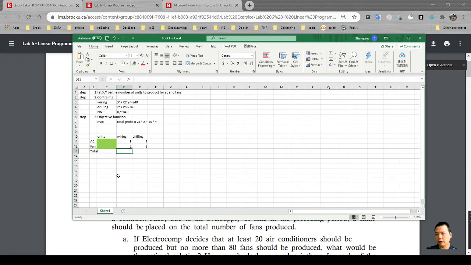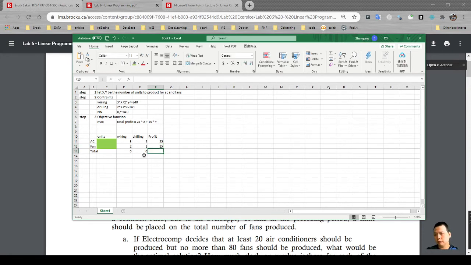We don't add different units together, but we can do it here, which is equal to the number of units times the varying cost, plus the number of fans times the cost of fans for varying. So this is the total cost for varying, and if we drag to the right, this is the total cost for drilling. We also have the profit, which is 25 and 15.